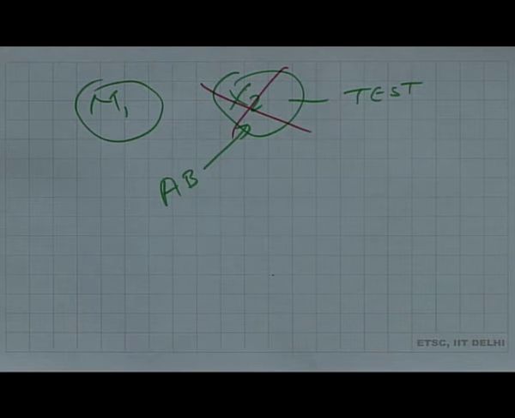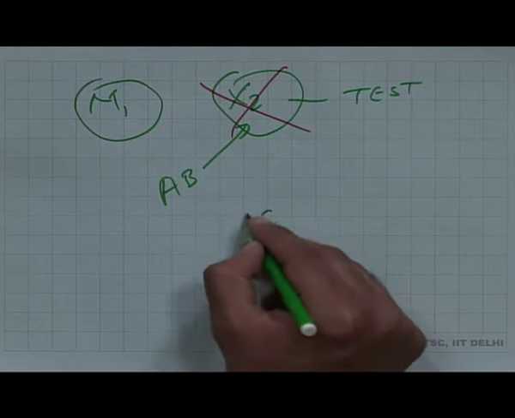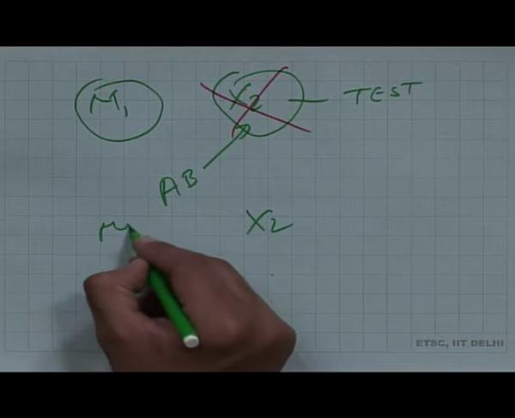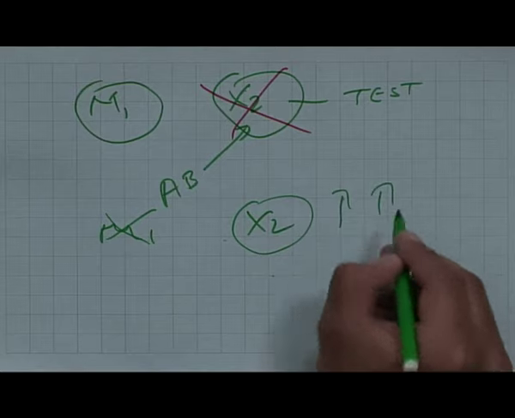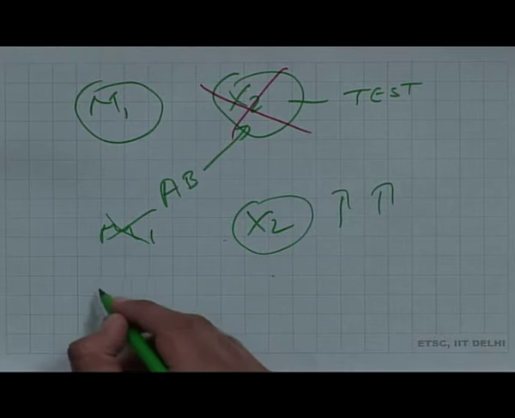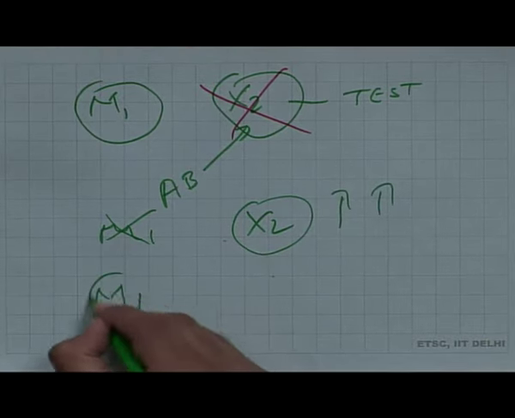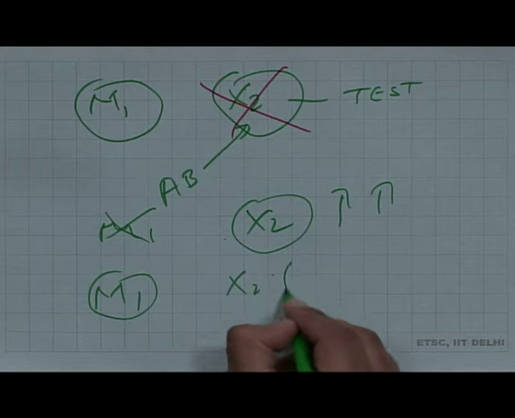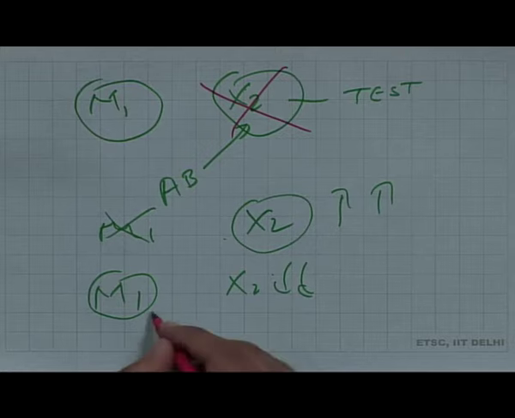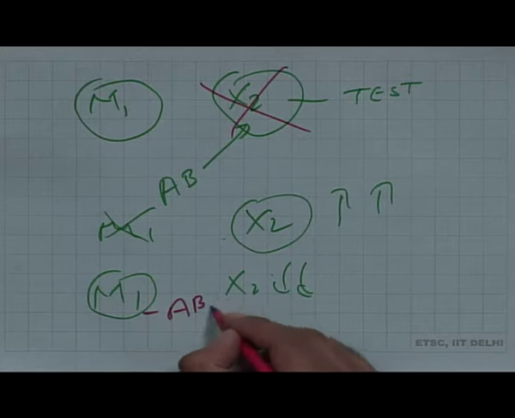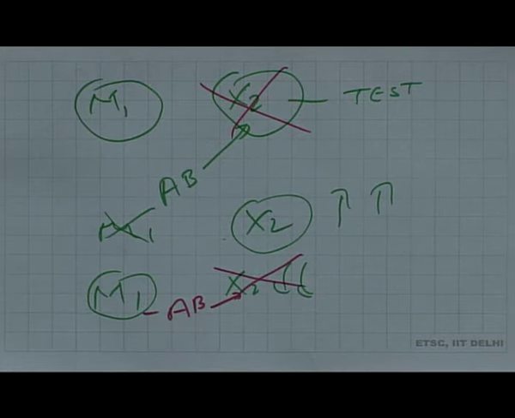So, when you just grow X2 and M1 is not there, X2 will grow, right. But when M1 is there, then X2 will not grow because M1 would produce antibiotic that will actually kill it. So, that is one way of checking it.